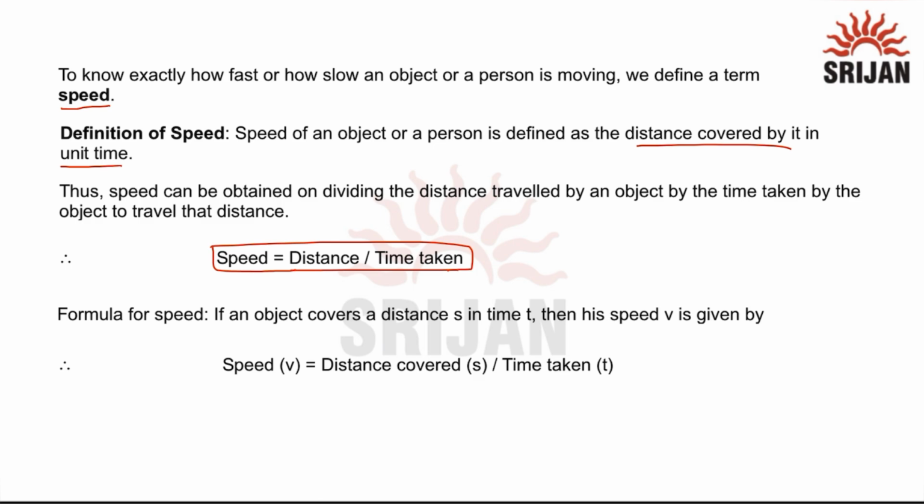If the object covers a distance s in time t and its speed is v, then the formula will be v equals s upon t.